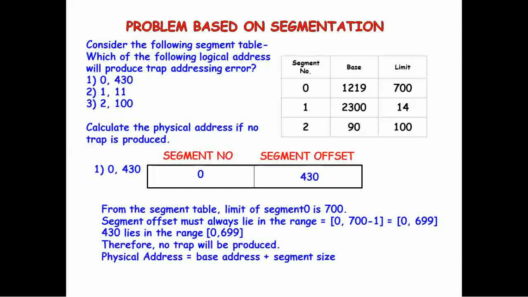We know the base address of segment 0 is 1219 and segment size is 430. If we add both these two values, we will get the final answer as 1649. So this is the corresponding physical address for the given logical address.